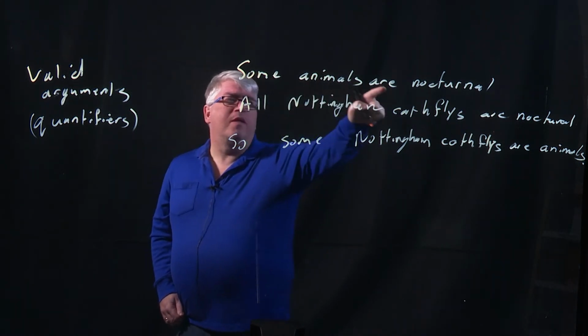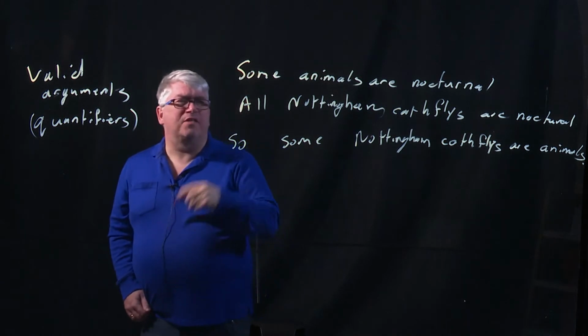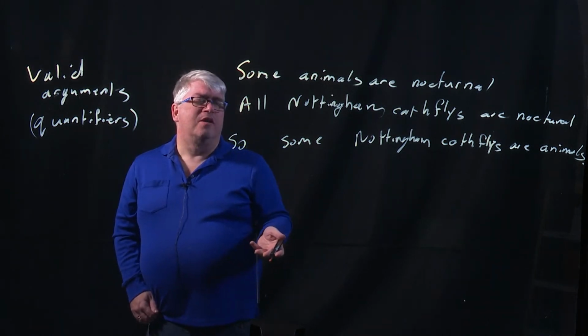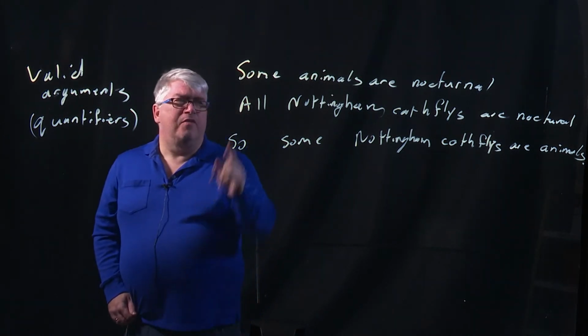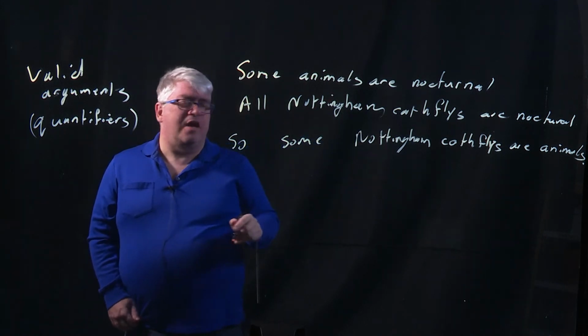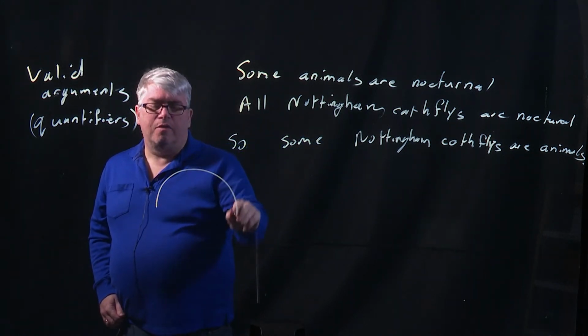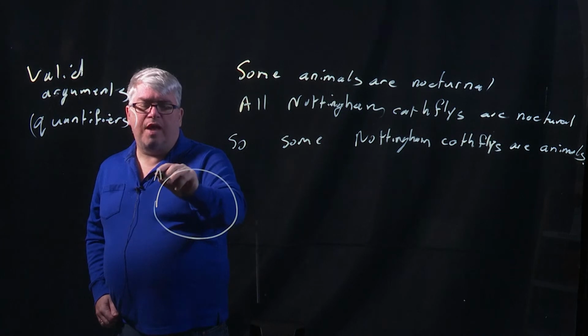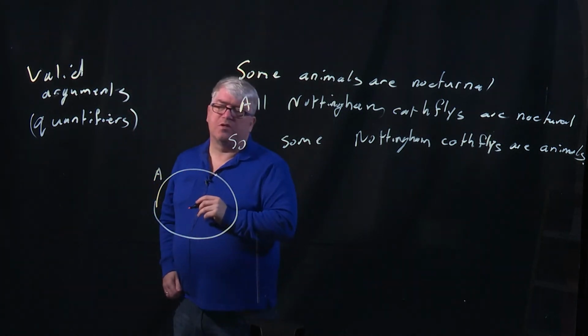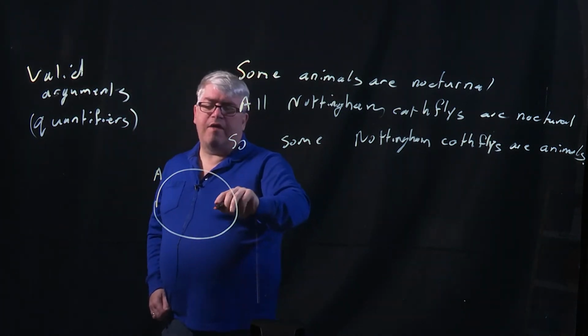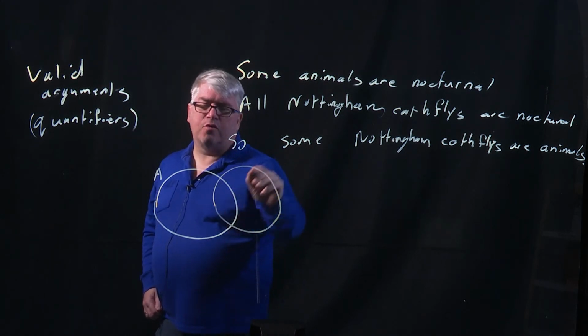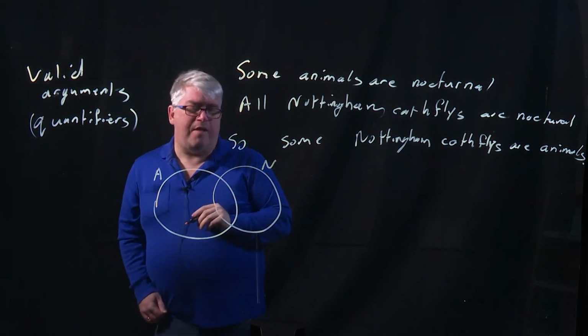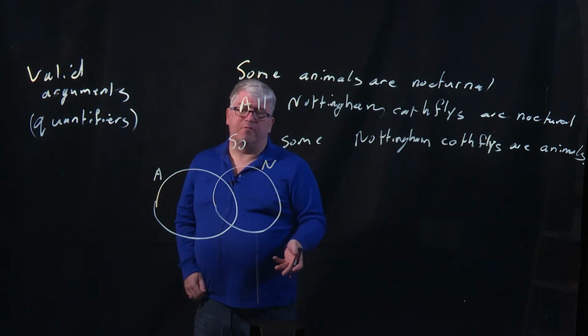So some animals are nocturnal. That's got two possibilities. Like I said, that could be there's at least one animal that is nocturnal. So here we have the set of all animals, and here we have the set of everything that is nocturnal, and there's an overlap. That's a possibility.